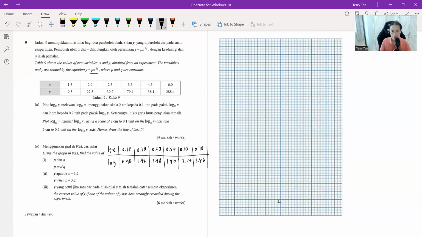Now, next, they say plot log y versus log x using a scale of 2 cm to 0.1 and 2 cm to 0.2. Okay, so now here's the problem. You notice that your largest value is 2.46.